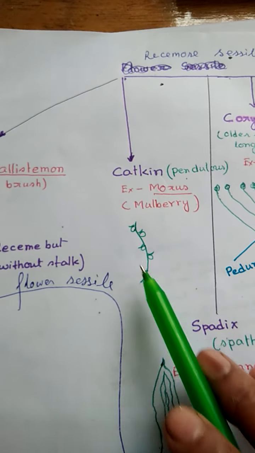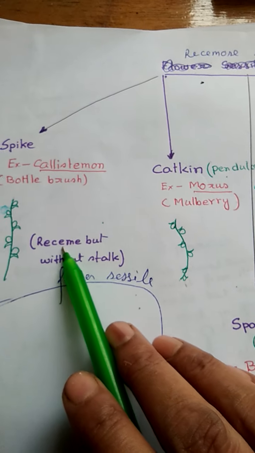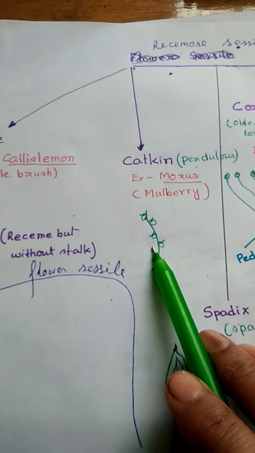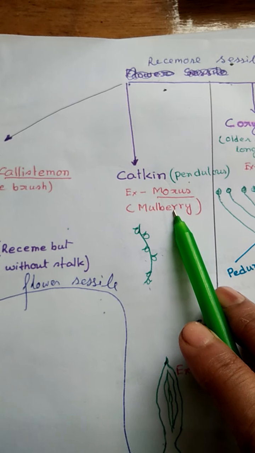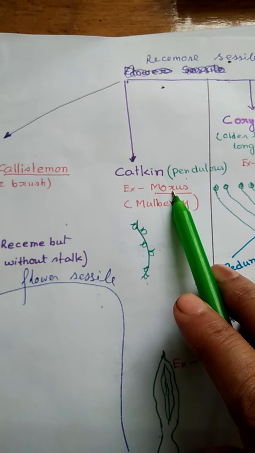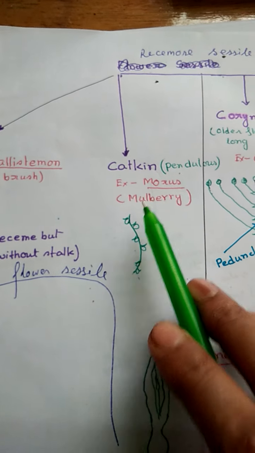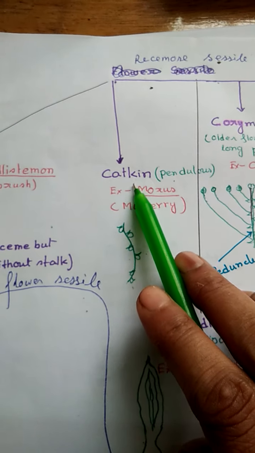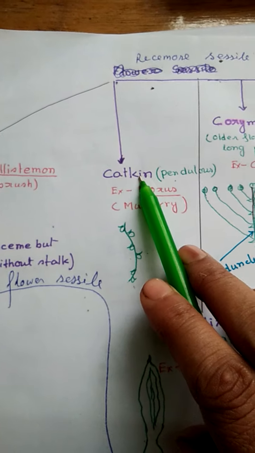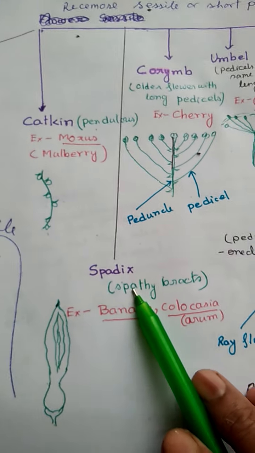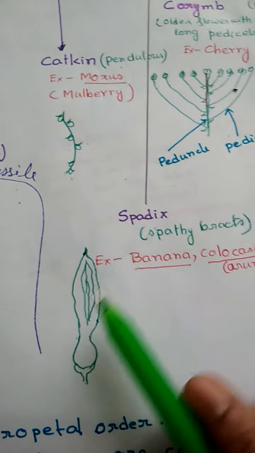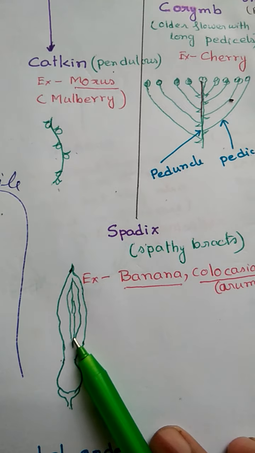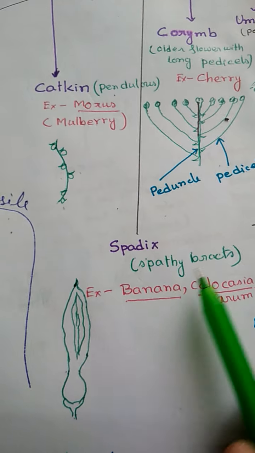Next one, catkin, also without stalk, more or less spike type, but pendulous, means in hanging position. Morus, or the mulberry. Morus is the scientific name, mulberry the common name. So it is hanging in position. Next one is spadix, a special type, where the whole inflorescence is covered by the bract.